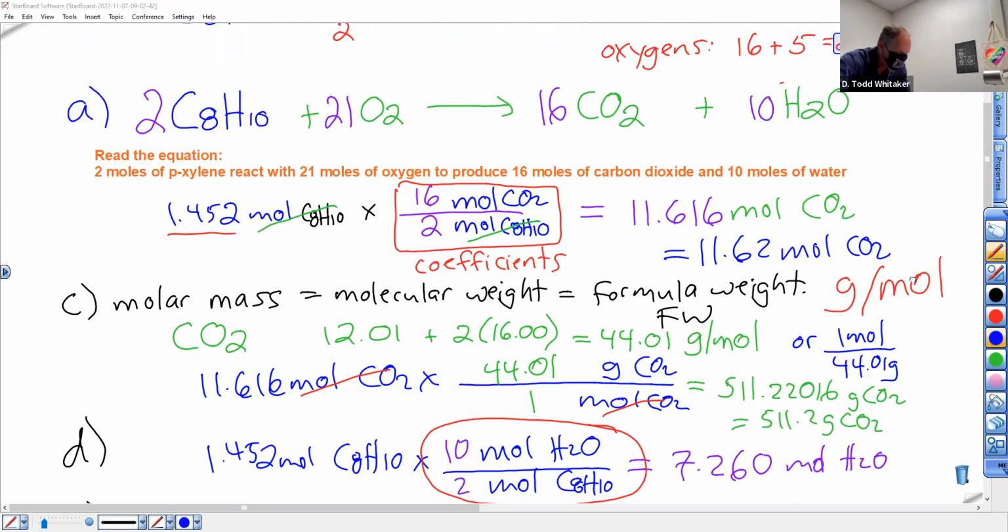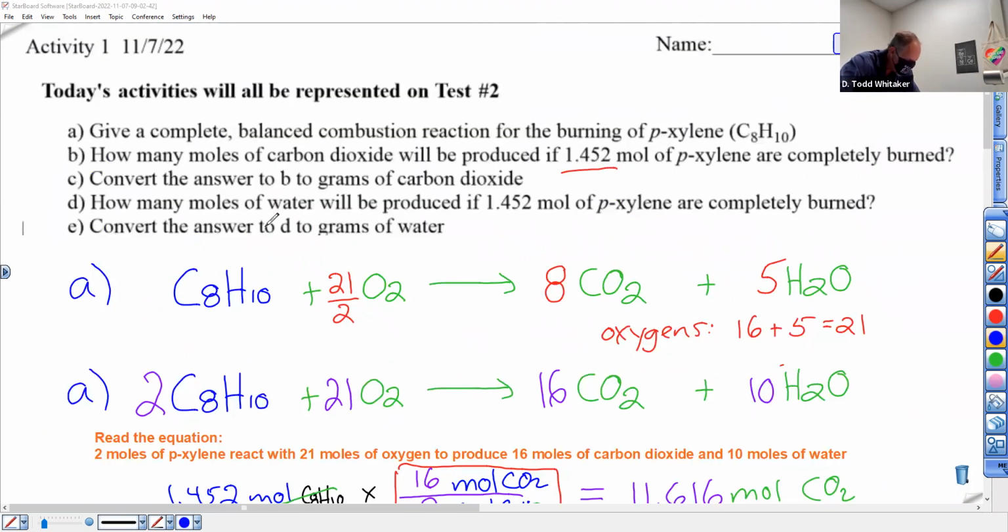Ladies and gentlemen, it's important when you read a question like this, convert the answer to D. You're almost always going to just write down the answer to D to start this problem. Please, you got to learn how to read chemistry. It's a new language. It makes it difficult. I understand. But when it's worded like this, you just copy down your answer for D. Make sure you write moles of H2O, please, so you know what you're canceling.